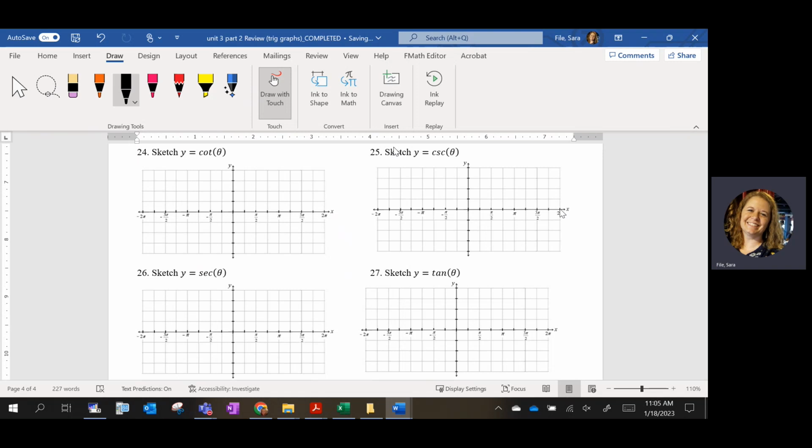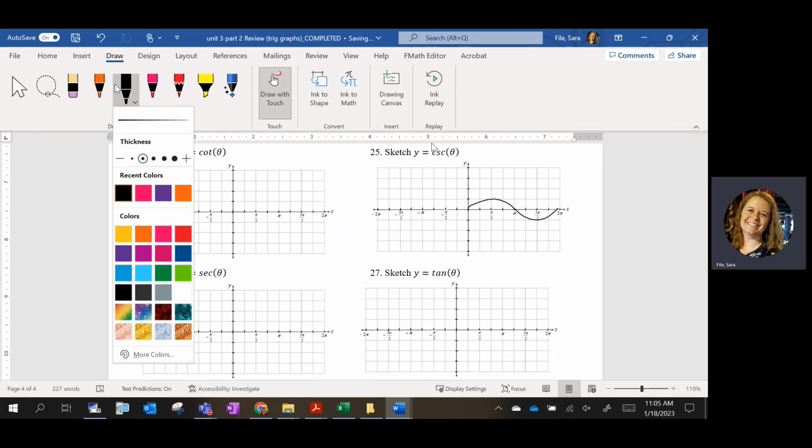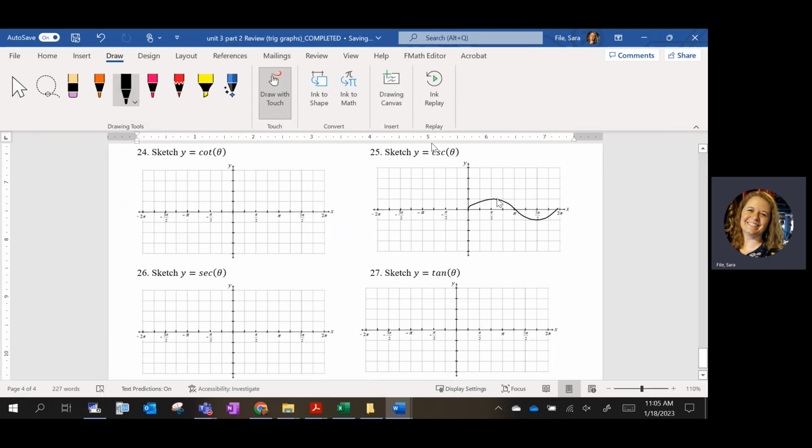So 2 pi is 1 full cycle. If we go up to 1, through 0, down to -1, that's the sine graph. Cosecant is the reciprocal. So I'm taking these two curves where they're curving into each other and meeting, and I'm going to flip them away.